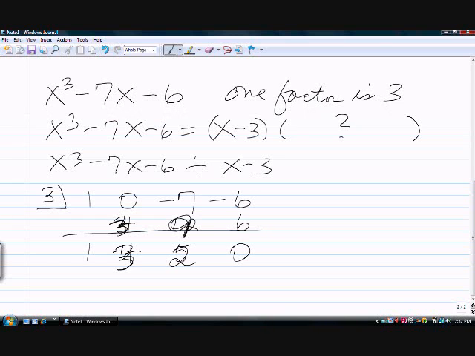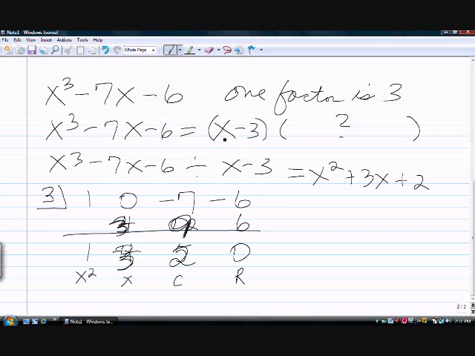Alright, so x cubed minus 7x minus 6 divided by x minus 3 is: this is the remainder, 0; the constant; the x, the linear term; x squared, the quadratic term. So that's 1x squared plus 3x plus 2.